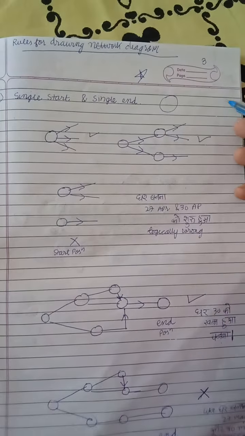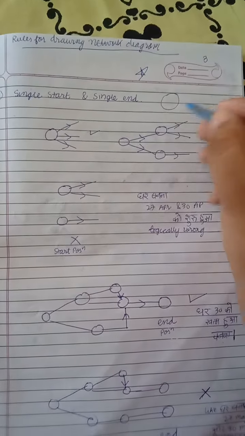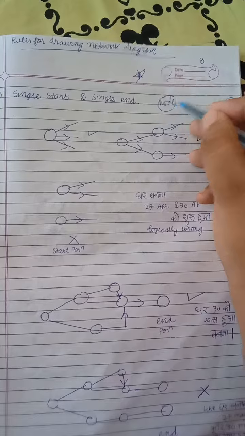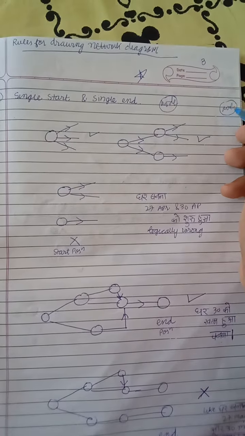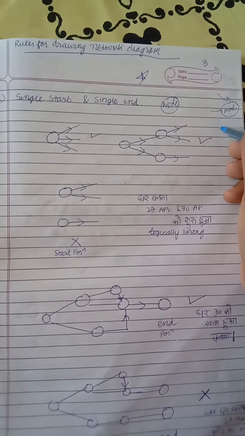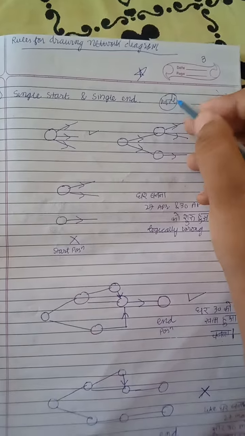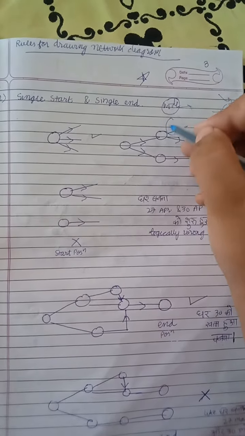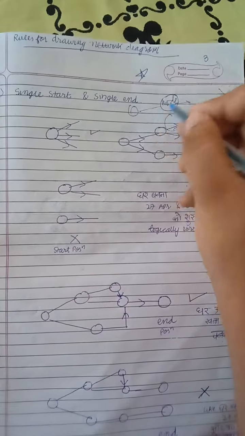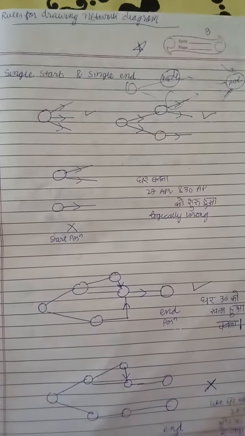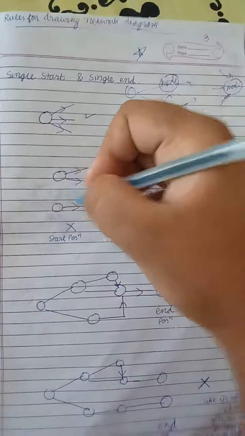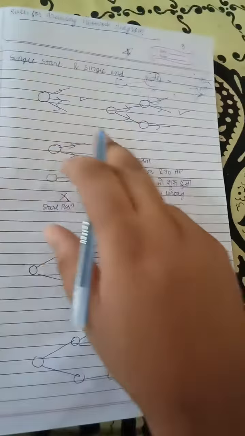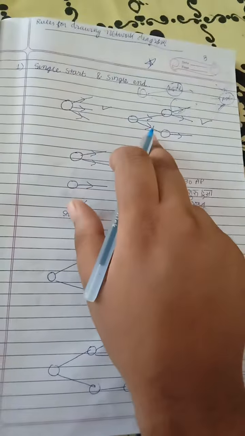Node 1, node 10. All activities should finally meet at node 10, and activities should start from node 1, not like 2 nodes. This is correct. This is also correct.